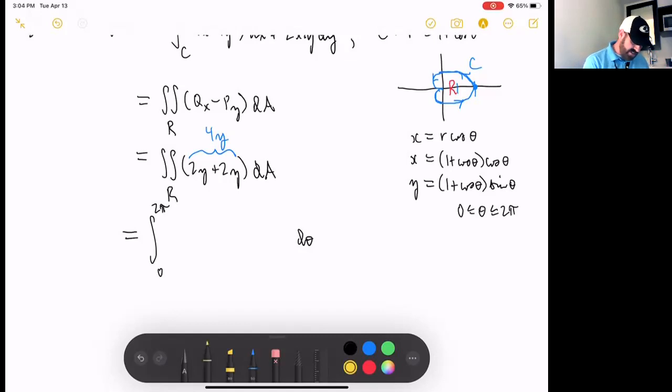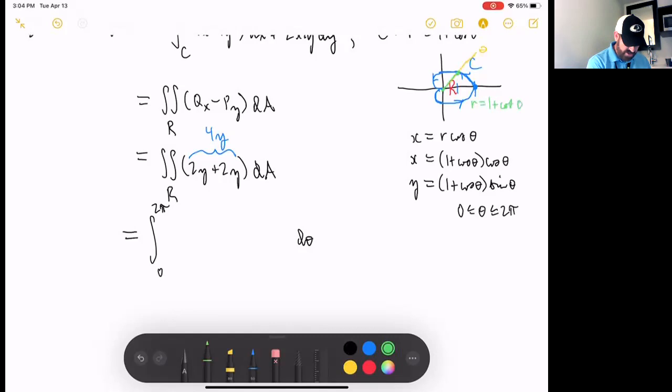So wherever theta is, let's think about this. Okay, so wherever theta happens to be, if this is a particular angle theta, then R is going to start at 0 and go out, out, out till it actually hits the curve itself. But that curve is given by R equal to 1 plus cosine of theta, right?